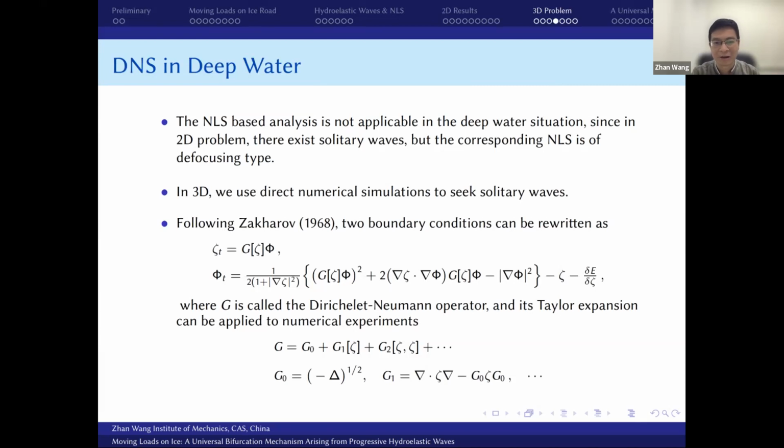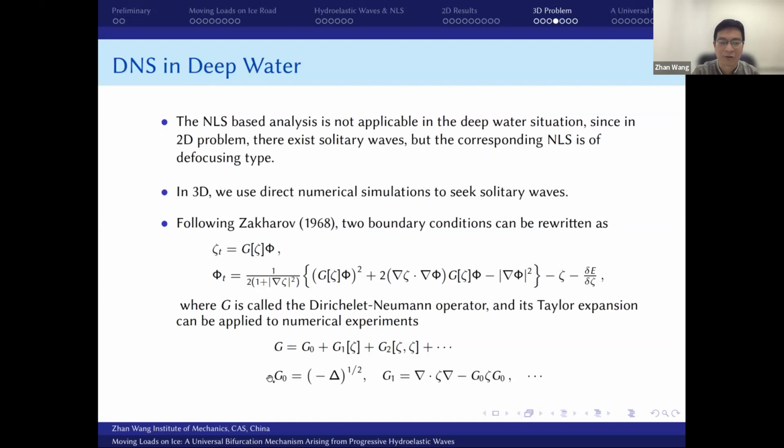So you can compute the full Euler equations. One way is to solve the Zakharov equation, where G is called the Dirichlet-Neumann operator, which maps the boundary condition to the Neumann boundary condition. And this operator is an analytic operator under some conditions: if eta is not very large and the slope of eta is also not very large.